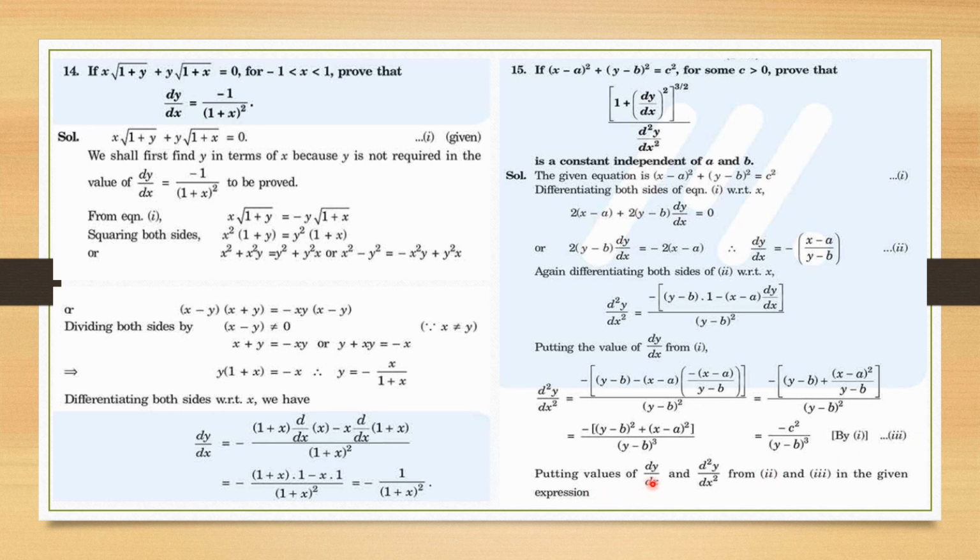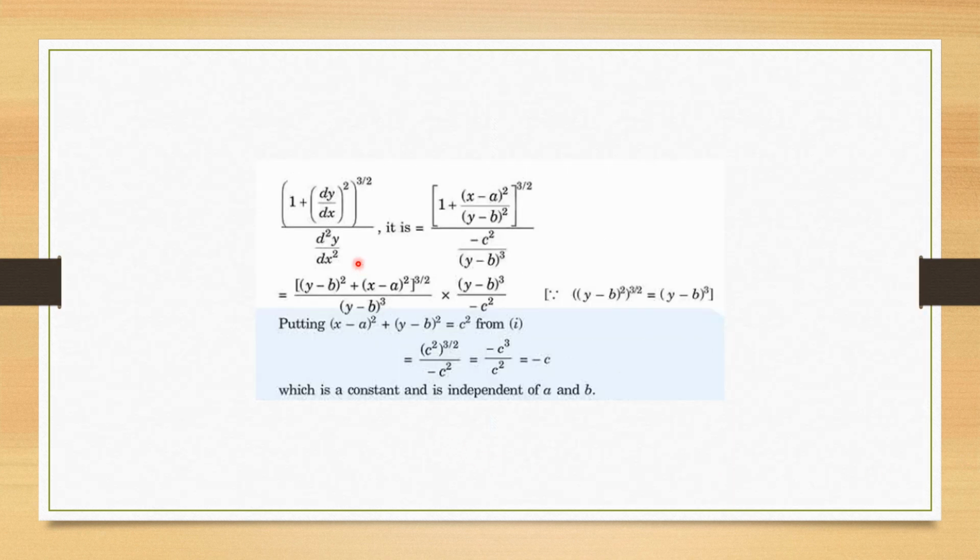Now putting the values of dy/dx and d square y/dx square from your numbers 2 and 3 in the given expression, you will get this value. Now come back to this: 1 plus dy/dx whole square raised to power 3 by 2. This is your required expression, and in it you replace all the values that you got, this dy/dx and then this d square y/dx square.